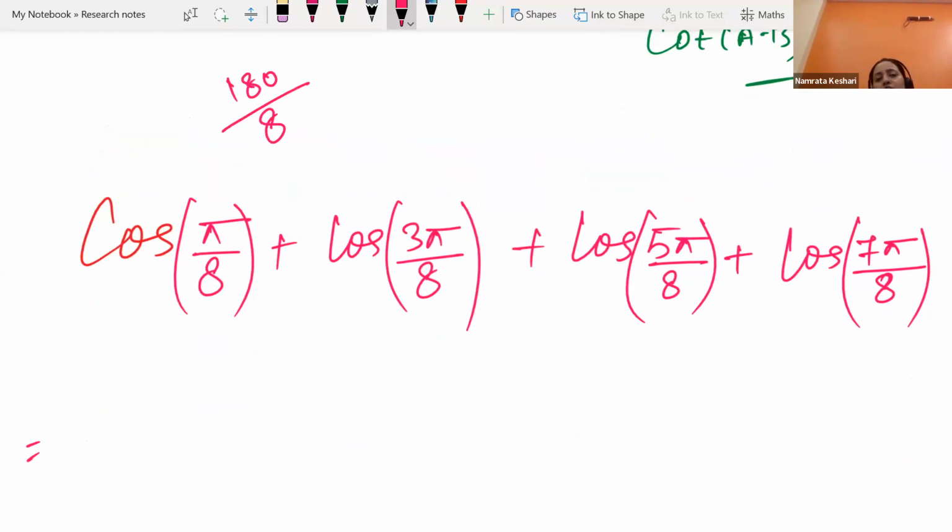If we try checking what angle this is, 180 divided by 8 is 22.5, right? Yes or no?